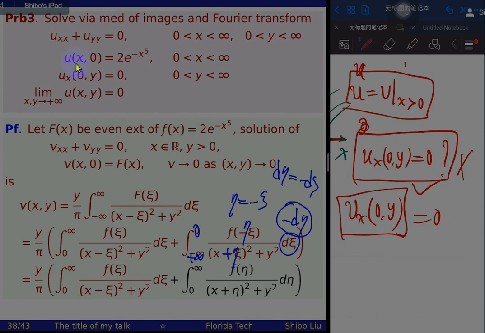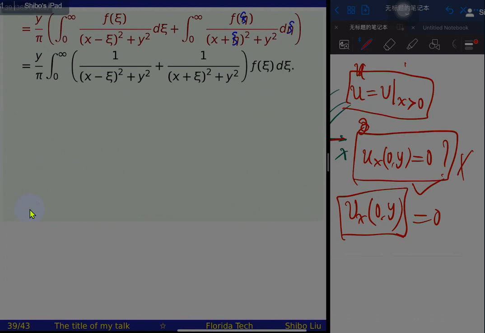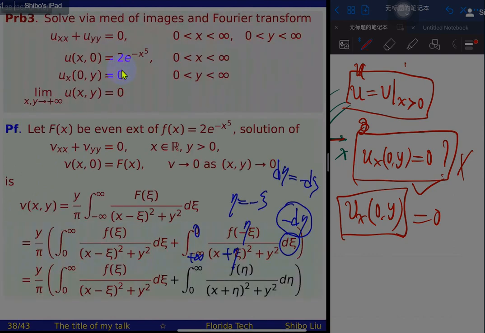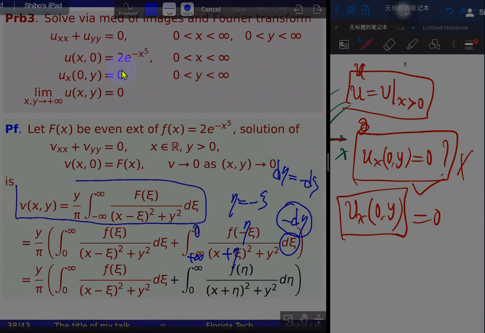Now, to check v_x, we need to take the derivative of v with respect to x. It is not good to take the derivative in this expression, because you have two terms to compute. This will be complicated. Instead, we check this using the original expression.